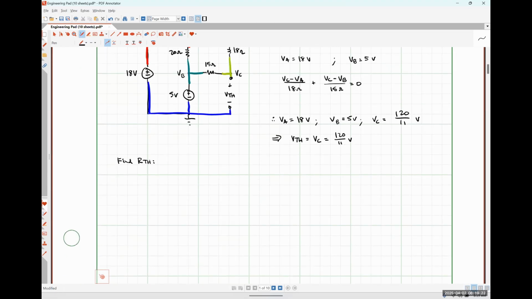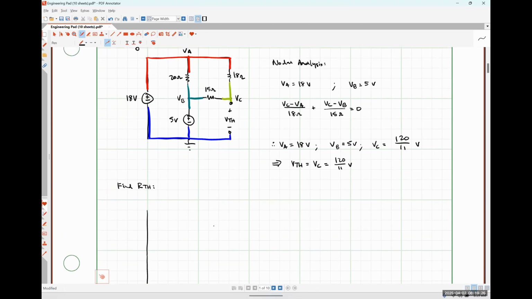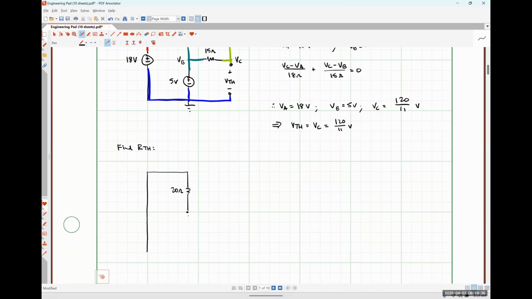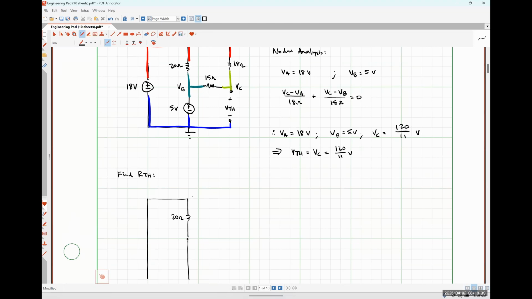So redrawing this guy, I have my short circuit replacing my 18-volt source. Here's my 20 ohm resistor. I have a short circuit replacing my 5-volt source. Here's an 18 ohm resistor. Here is a 15 ohm resistor.